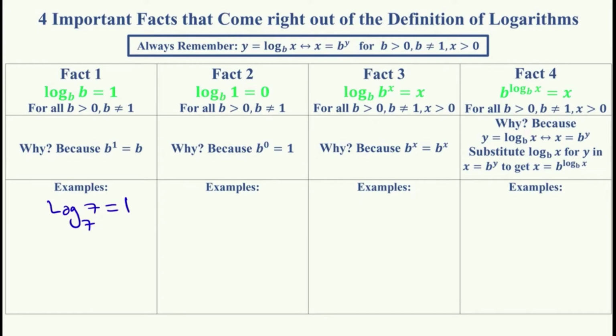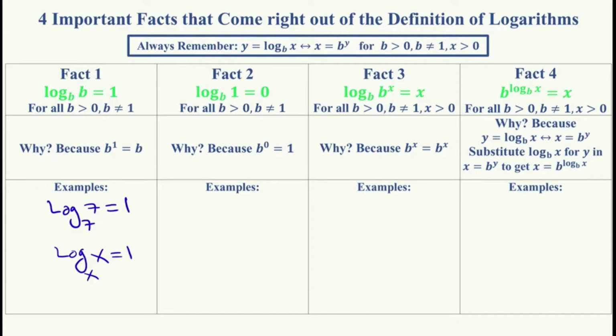If you understand the definition of logs, this is almost not worth mentioning, but these come in kind of often and make appearances, so it's good to be very comfortable with them. Or for example, if you get log base x of x, same business.